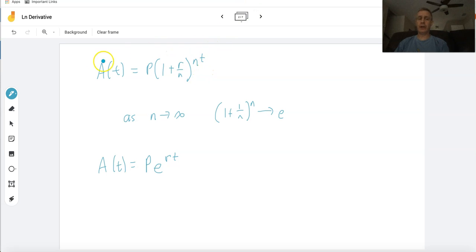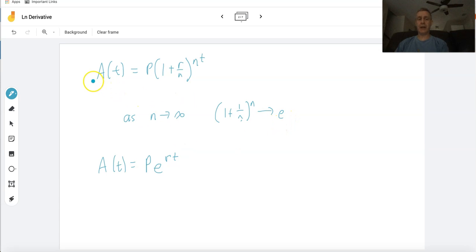That was the compound interest formula, which is used to determine how much money a bank account has after a certain amount of time and a certain amount of compound interest. While you worked with this formula, hopefully you saw that as the number of compounding periods goes off to infinity, this expression of 1 plus 1 over n raised to the nth power, as n goes to infinity, approaches e.